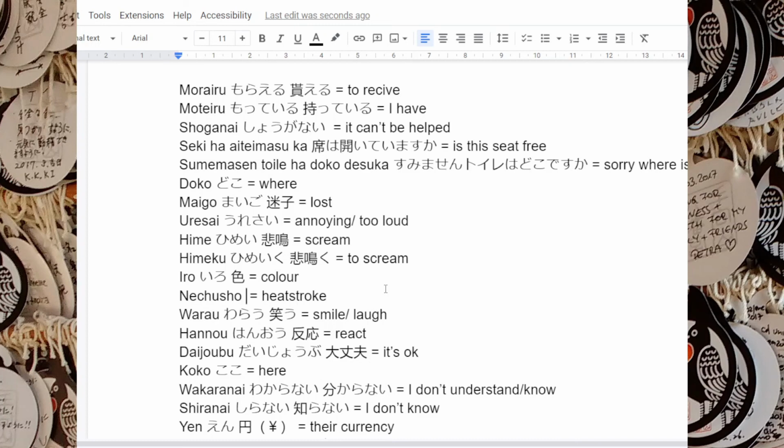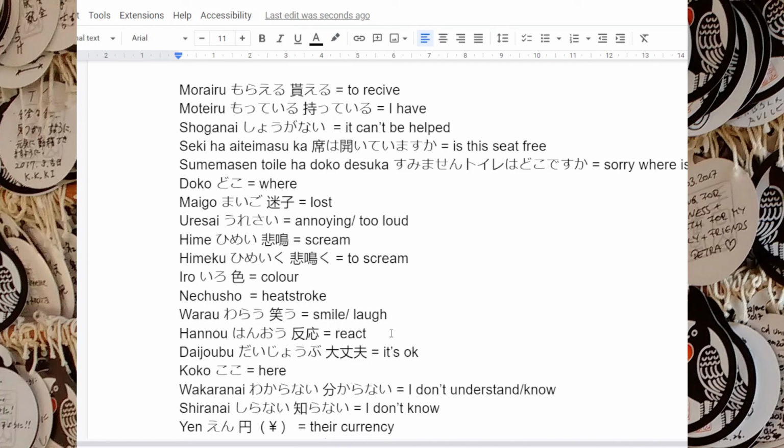Something to watch out for in summer. Maybe add it in editing. Warau is to smile or laugh. You'll often find that in Japanese streams, when somebody's laughing, they'll just put a W, and it's literally to say warau. So it's just shortening it. That's what the W means.